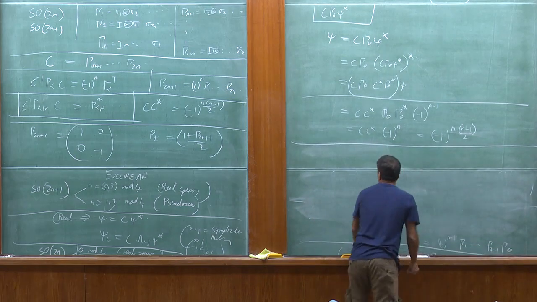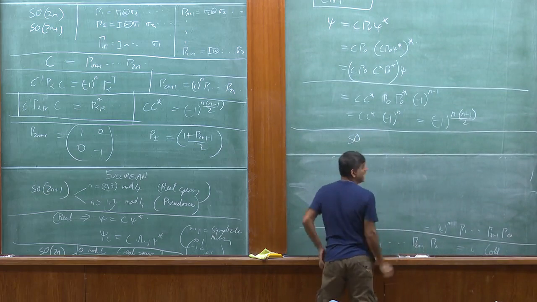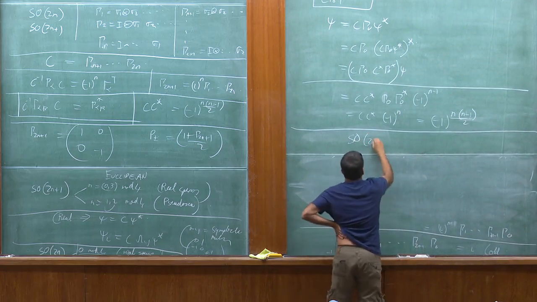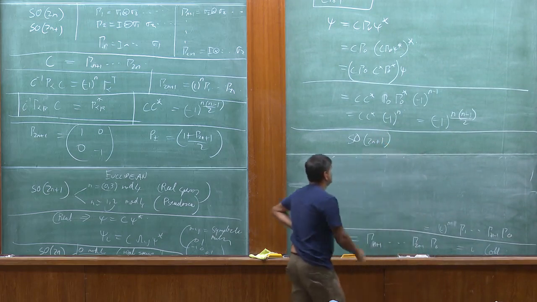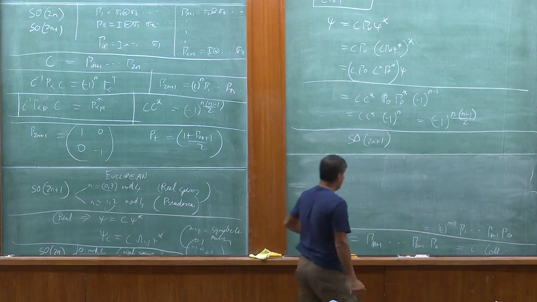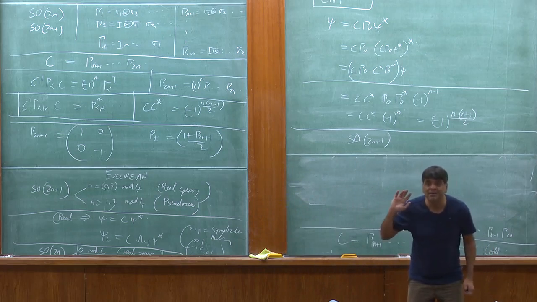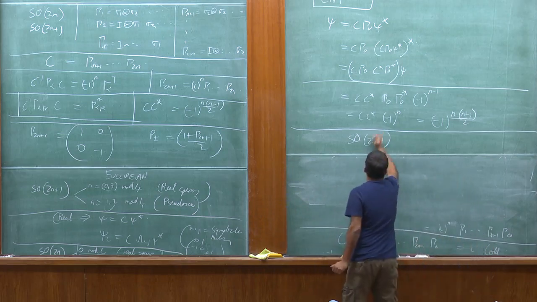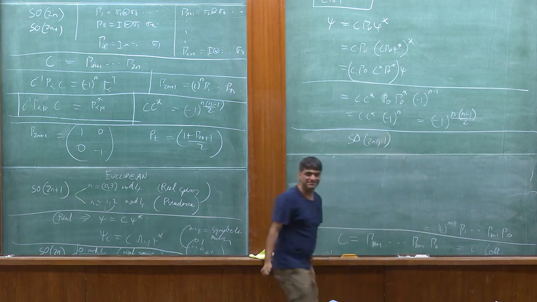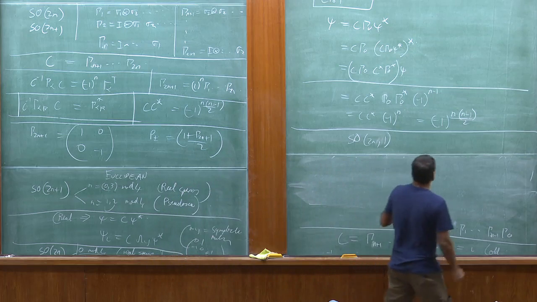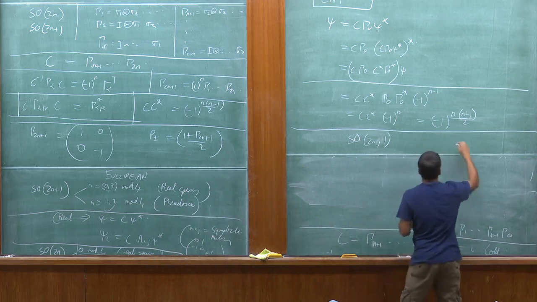Okay, so let's once again start with the SO odds. So let's start with SO 2n plus 1. Can't hear you. 2n comma 1, thank you. Okay, let's start with that one. Now let's look at n equal to 0.